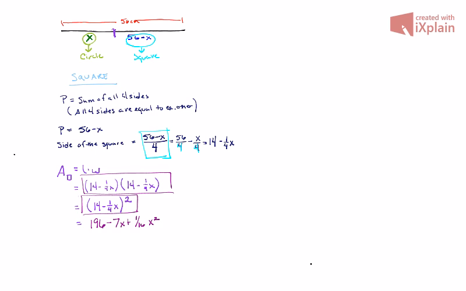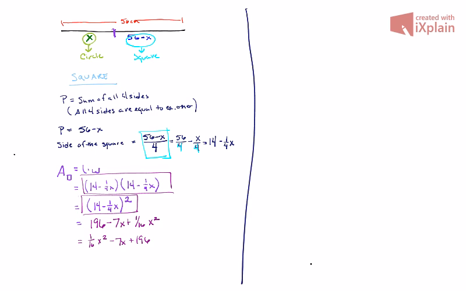So it looks like I have it in standard form, but I have it going in ascending order instead of descending order. You could have also written it like so, 1/16 x squared minus 7x plus 196. Either representation is correct, okay, for what we're trying to do.